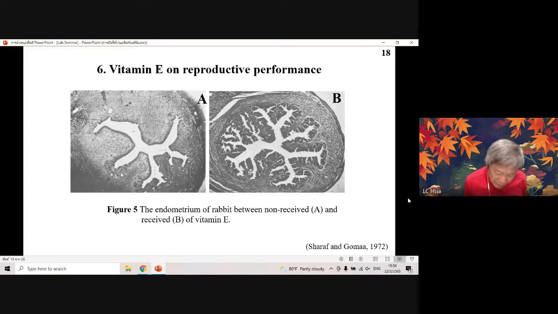So my suggestion is please try to find out the information on vitamin E related to the cell first, and then related to the function, and related to the mechanism, and then it's good for you.